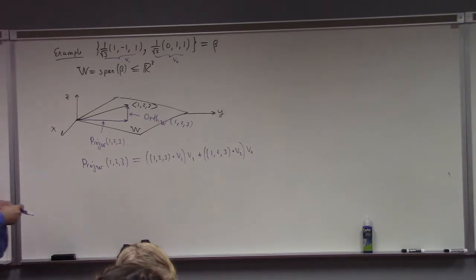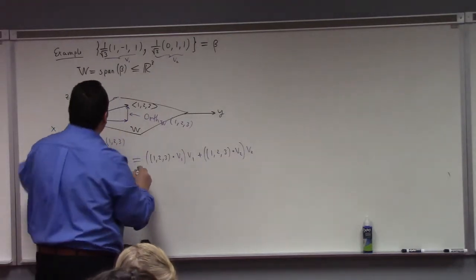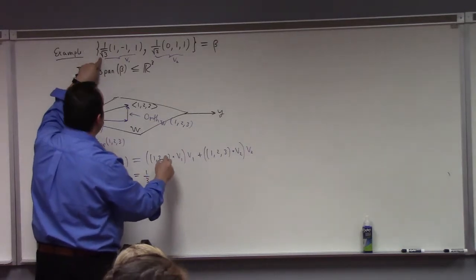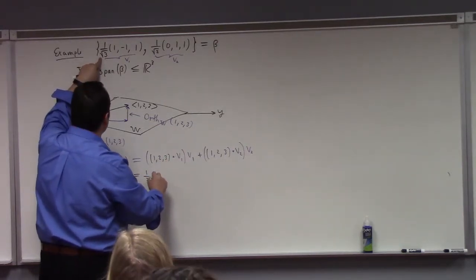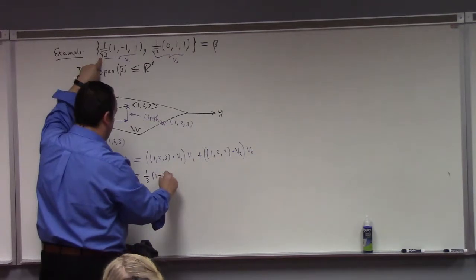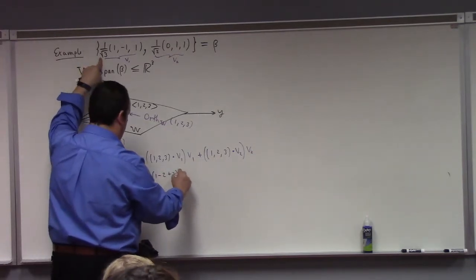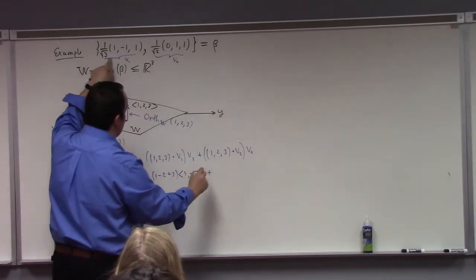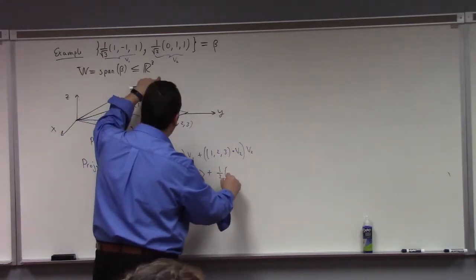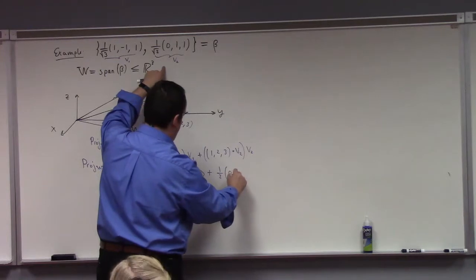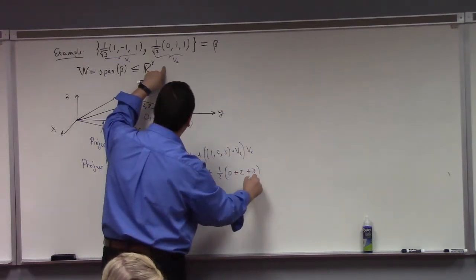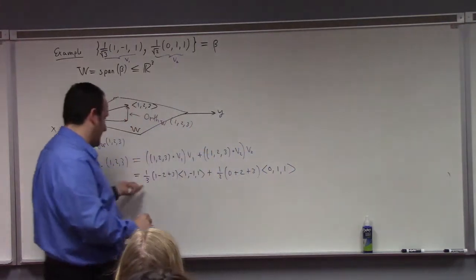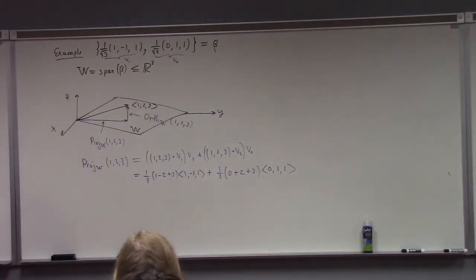So what is that? I usually just square the one, that's like 1/3. And 1 minus 2 plus 3, times 1, minus 1, 1. And 1/2, 0 plus 2 plus 3, times 0, 1, 1. I just take the normalization factors and put them out in the front to make the calculation easier.